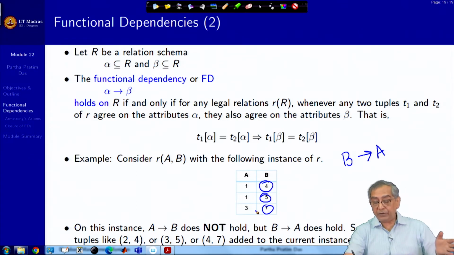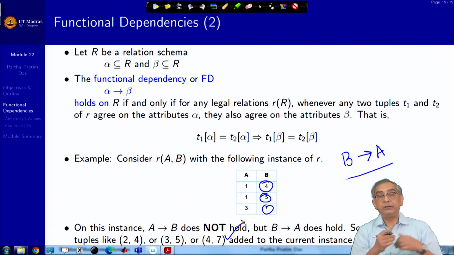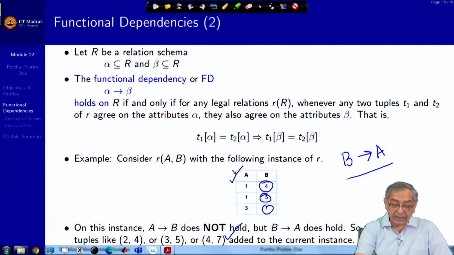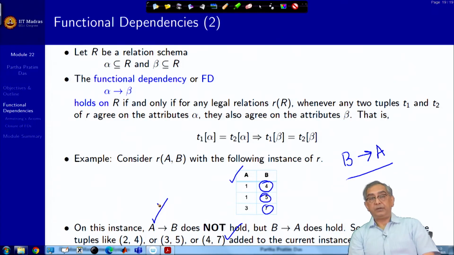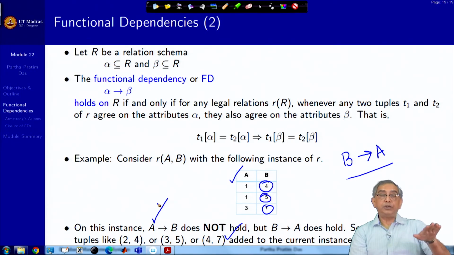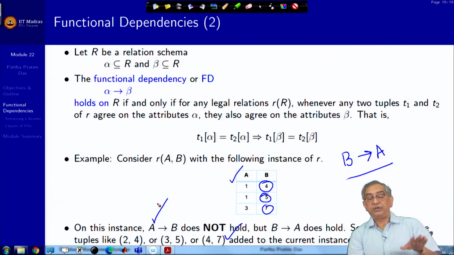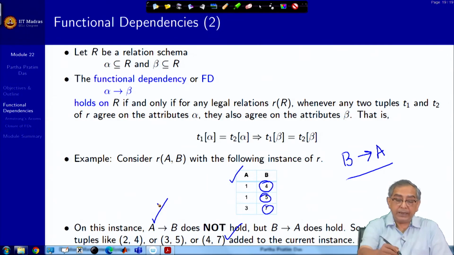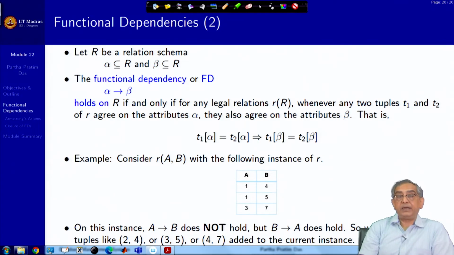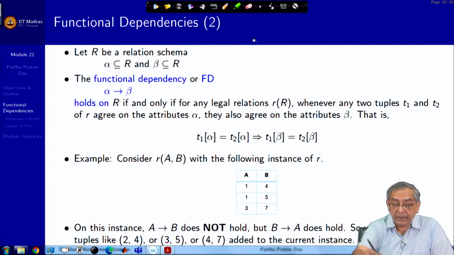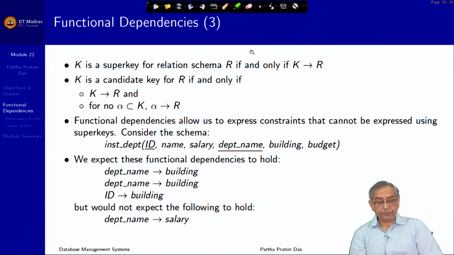So, if this holds, these are the facts. Given the data, I know A determines B cannot hold, but whether B determines A should hold is not to be deduced from the data. It has to come as an external business rule in the design, which we will have to write down in terms of the functional dependency.